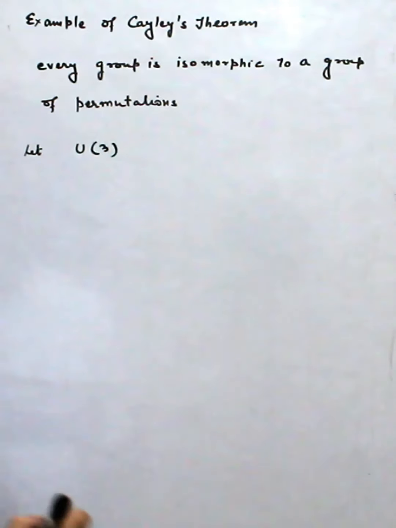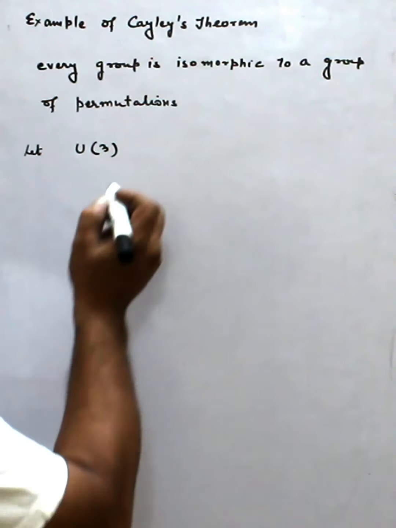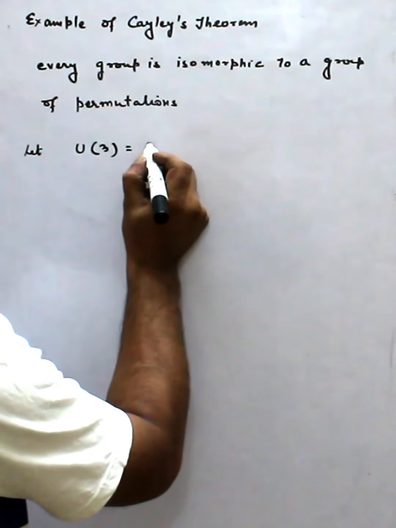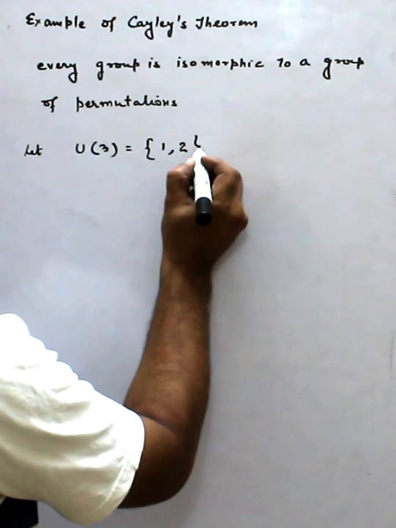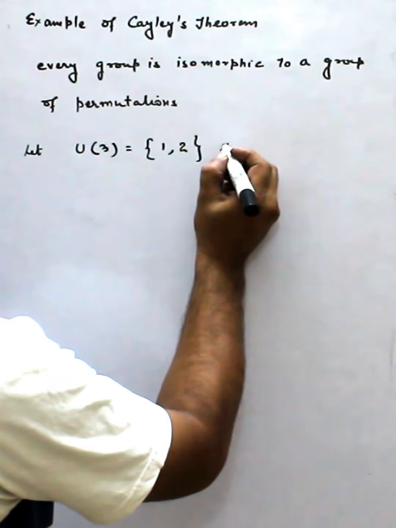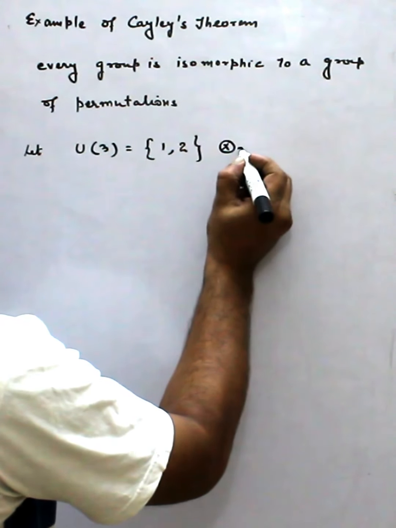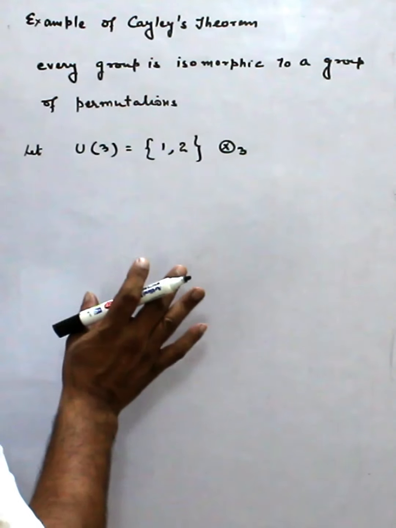So let U3 be a group, then what are the elements of U3? The elements of U3 are 1 and 2, and the operation, obviously we know, is multiplication modulo 3. Obviously it is a group.